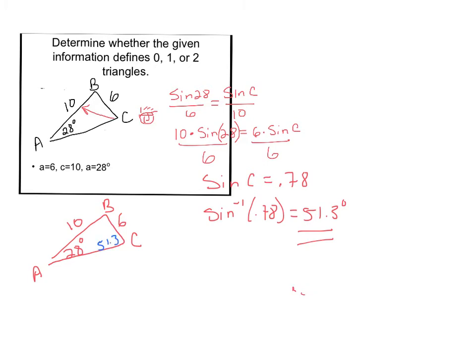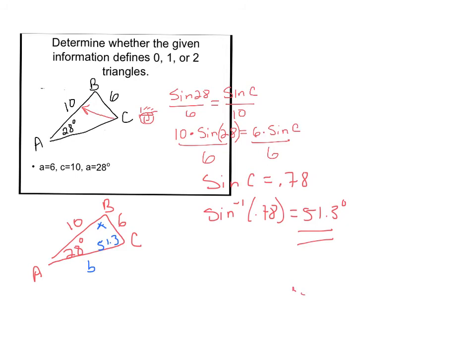So I could do the whole 180 minus 28 minus 51.3, and I have enough to find angle B. And once I find angle B, I could use the law of sines again to find side B. That's not what this question's asking, but if I had to, I could.